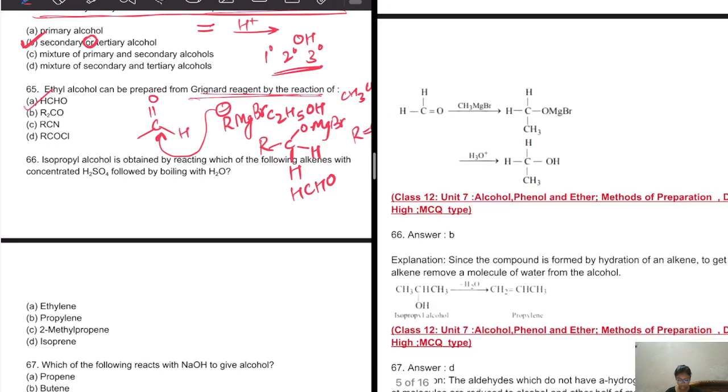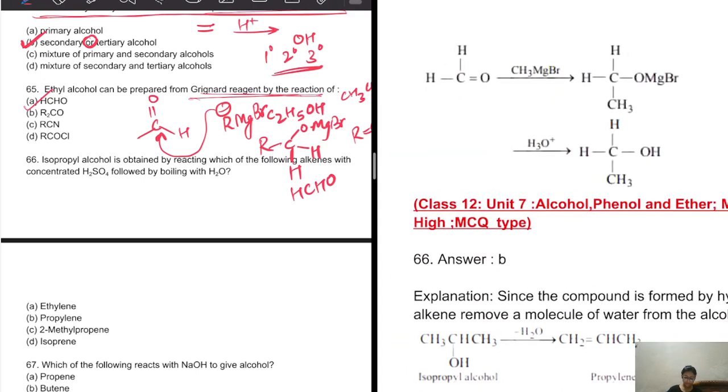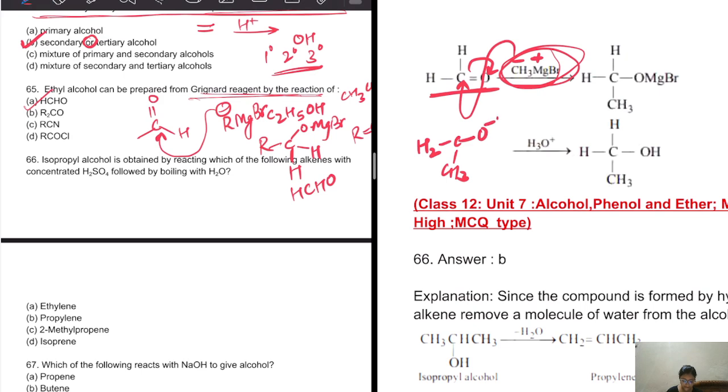Let's see a more detailed explanation. The structure is this, and the Grignard reagent: this is the negative charge, and here it would be plus. So it would come here, and this would go here. And we will have H2C CH3 O minus.